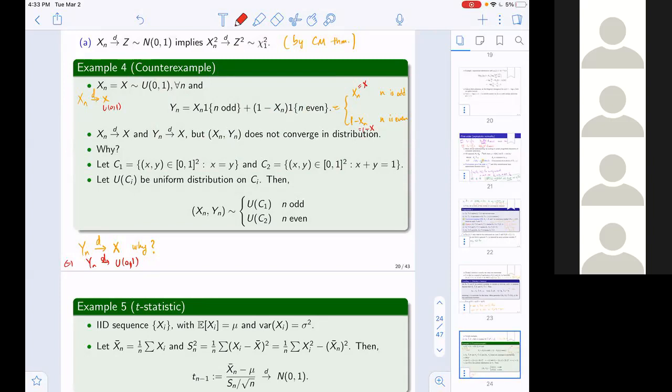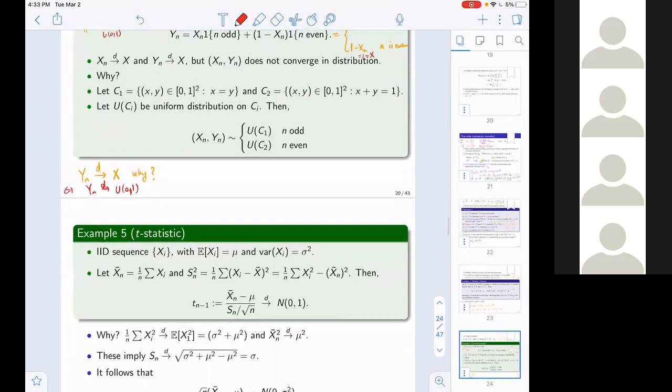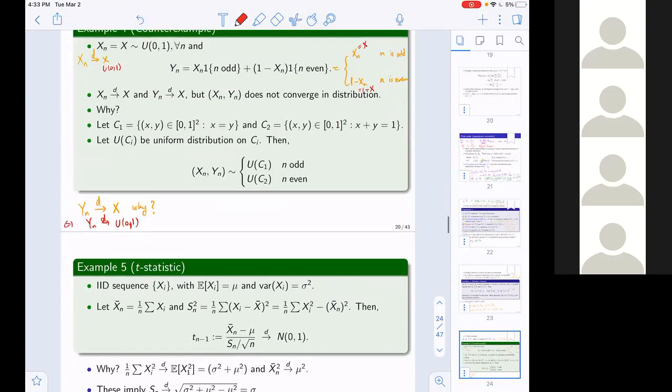Okay, the idea is that Xn and Yn do not converge in distribution jointly. In the interest of time, I'm not going to ask you, I'm just going to try to argue it. Actually, maybe I'm going to ask you: what is the distribution of the pair (Xn, Yn) for n even and for n odd?